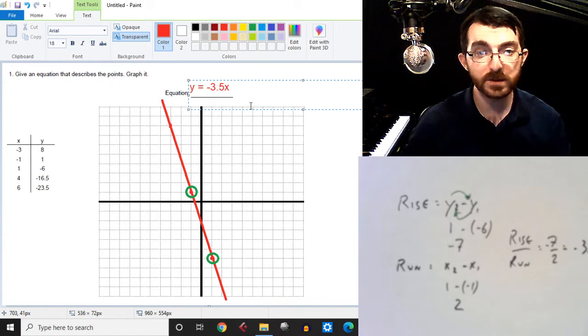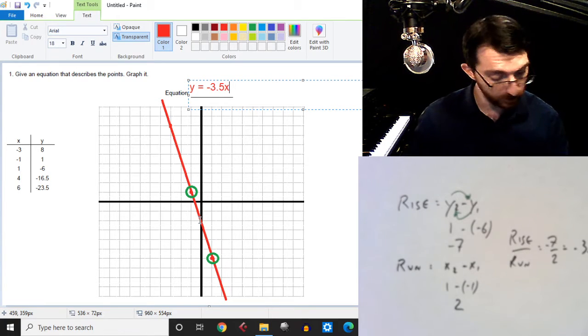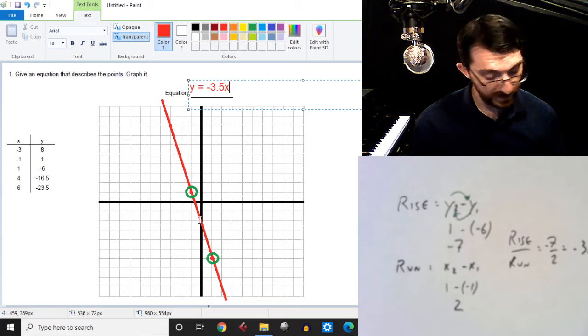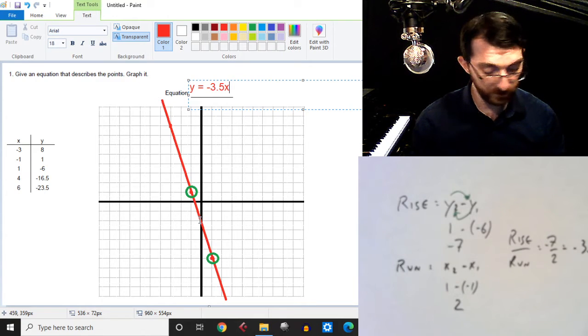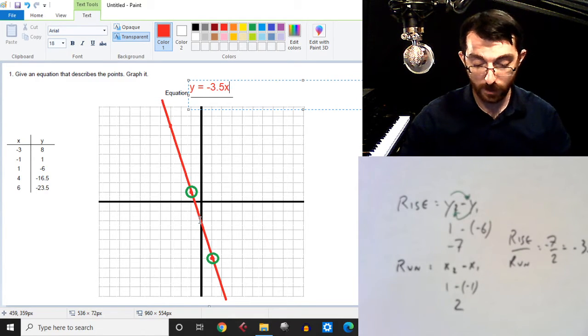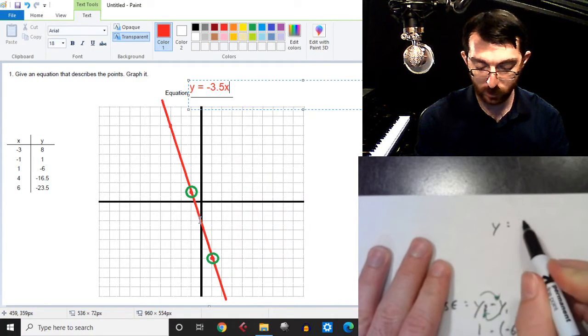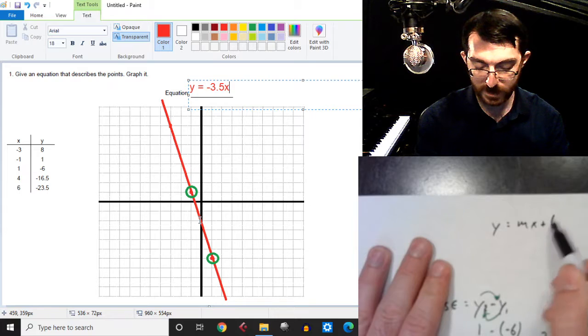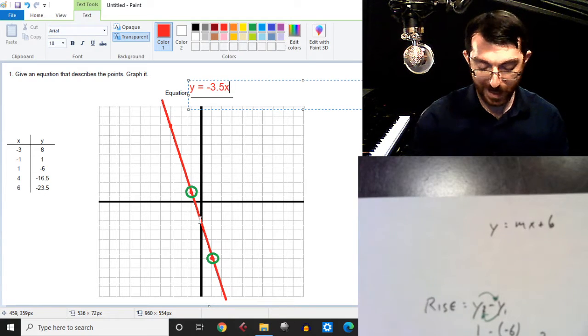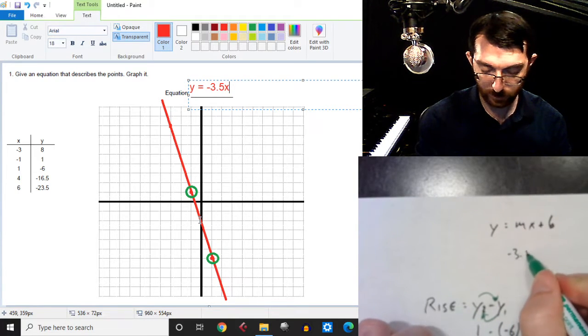So it looks like the y-intercept is -2, but I don't want to assume. So what I will do instead is I'm going to take the slope of -3.5 and I'm going to put it in an equation and solve it. So y equals mx plus b, knowing that m is -3.5.